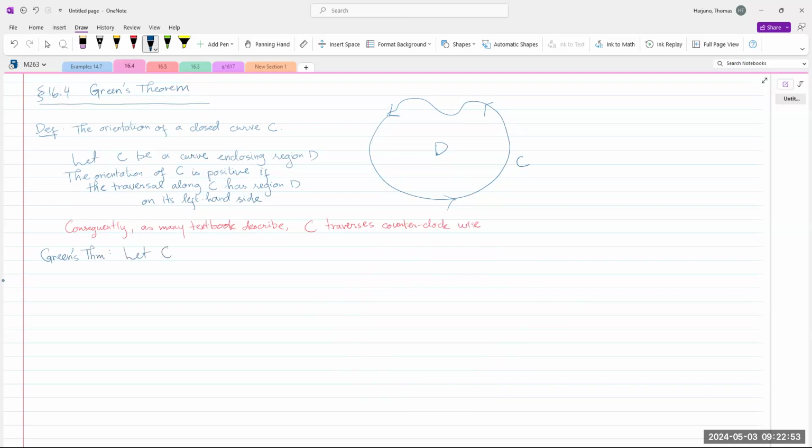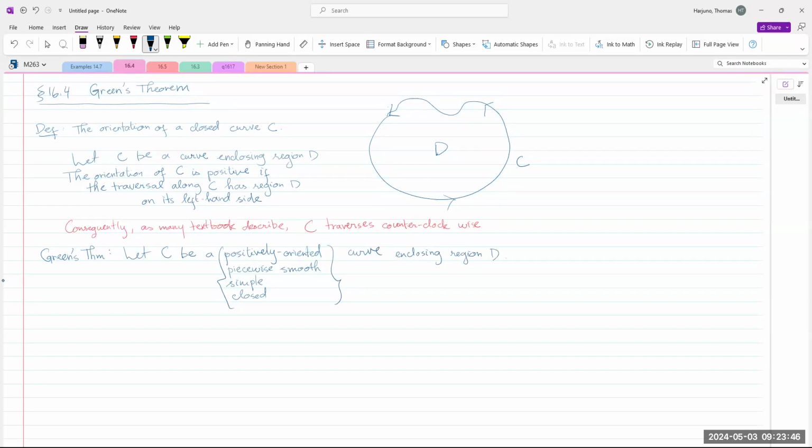Let C be a positively oriented, piecewise smooth, simple, and closed curve enclosing D, region D.